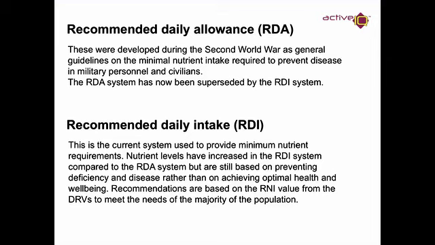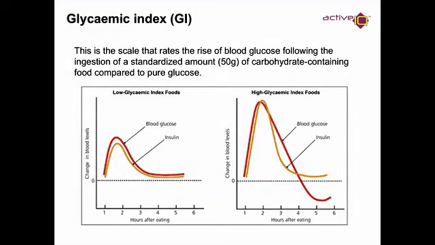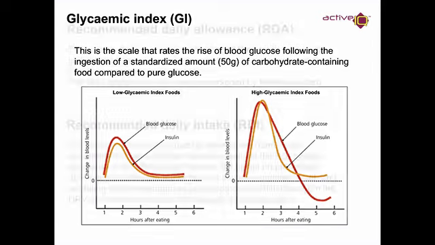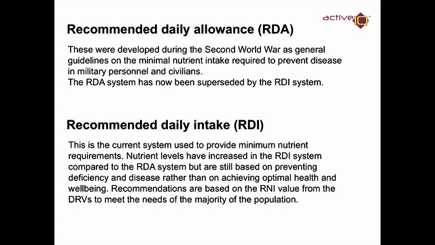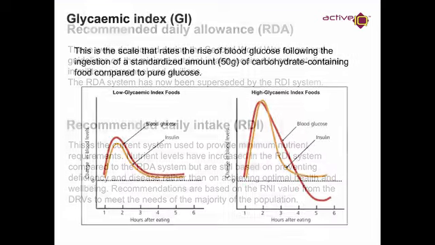However, they do give us a rough framework to work from, and they can help us in our jobs as personal trainers. Just to recap, RDA, recommended daily allowance, RDI, recommended daily intake.